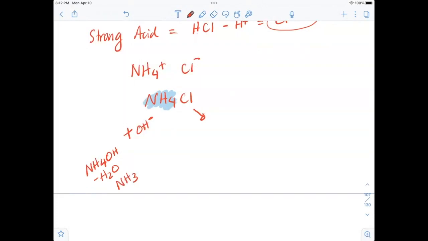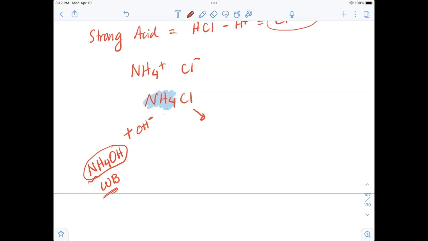But here's where I want you to look at this so it's not complicated. Ammonium hydroxide is just ammonia in water. So if you get the ammonium hydroxide, just judge this as being a weak base, because I mentioned before that weak bases have nitrogen in them. So add the hydroxide here, get this, and make a judgment. This is a weak base. Then move on. Don't overcomplicate it.